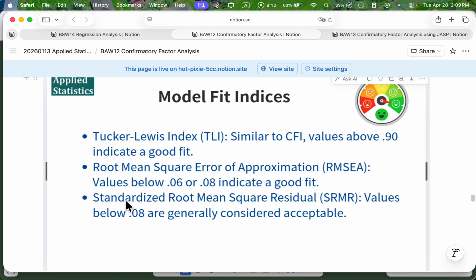The next one is the standardized root mean square residual, SRMR. A value below 0.08 is generally considered acceptable. So for RMSEA and SRMR, you expect values below 0.06 or 0.08. But for GFI, CFI, and TLI, we're looking for values above 0.8 or 0.9.